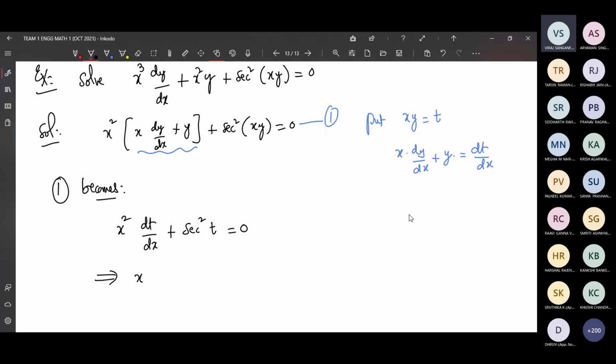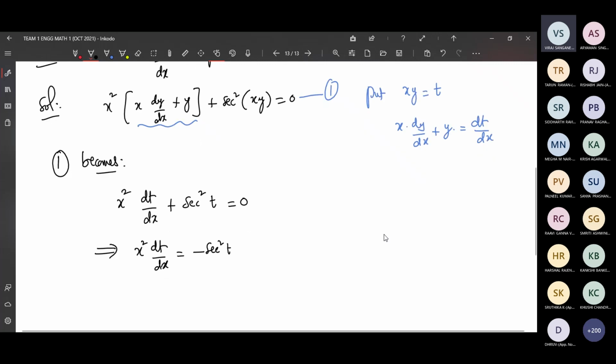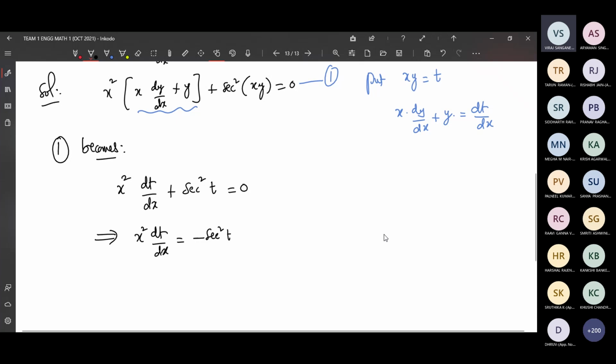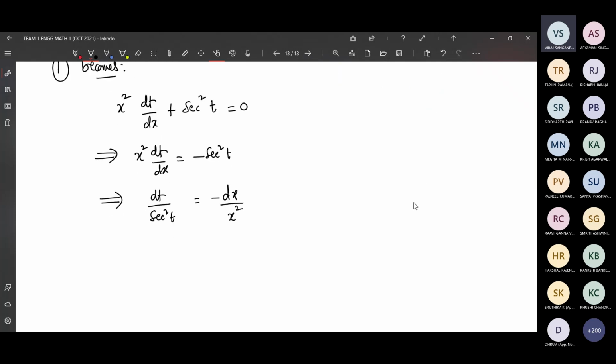So this means x square dt by dx equal to minus secant square t. This means t and x you can separate: dt by secant square t equals, of course, minus dx with x square in the denominator. So therefore the solution is: integrate both sides.